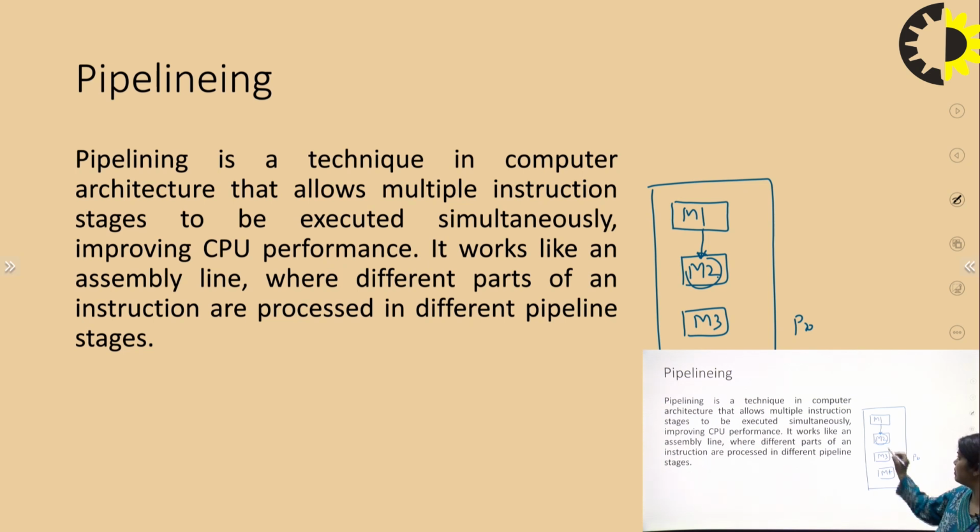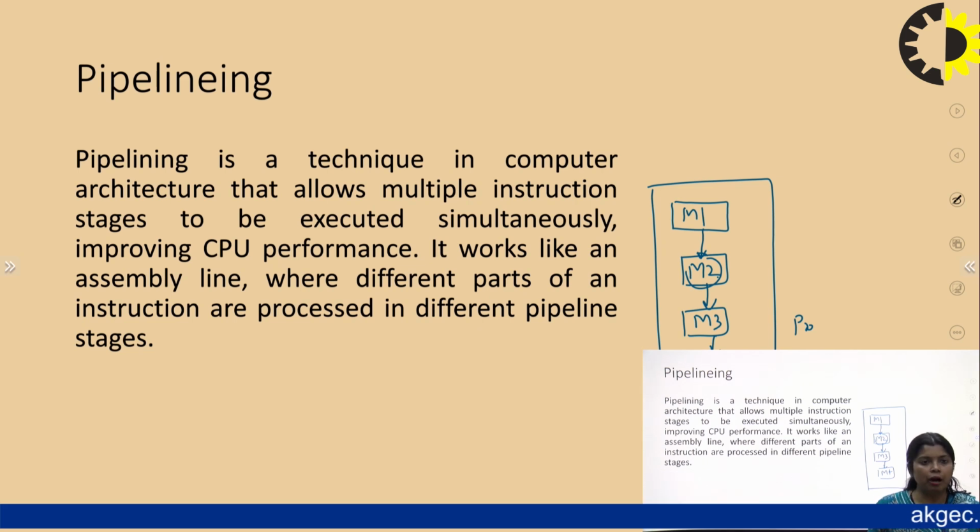And again the same procedure is followed. In M2, whatever output is generated is treated as an input for the M3 module, and so on. Like this, it applies for M4 also. So what is pipelining? The overall task is segmented into different segments, and these segments take some input and create some output, and this output is treated as an input for the next segment.